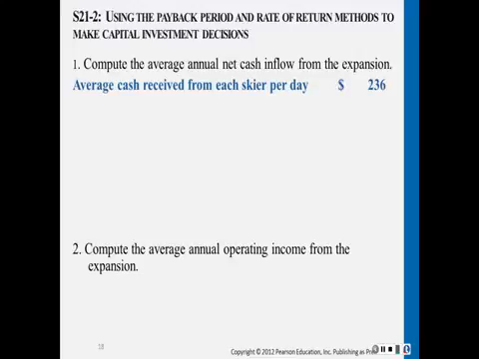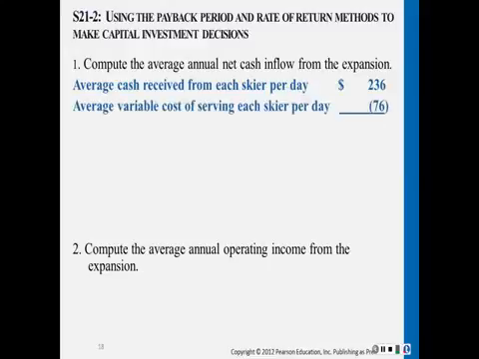First thing, compute the average annual net cash inflow from the expansion. So we have average cash received from the skier per day, that's 236. Average variable cost of serving each skier per day, that's a cash outflow of 76. The average net cash inflow per skier per day is 160.